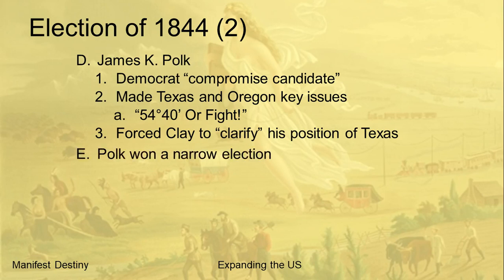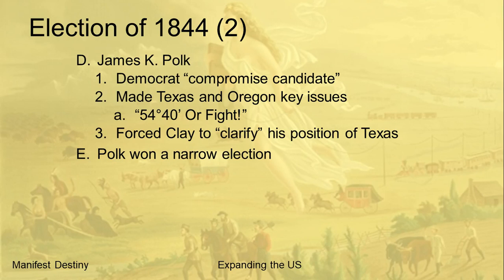How important is it to keep your supporters together? This election is extremely close. Okay? Only somewhere around 40,000 votes nationwide separate Polk and Clay. So Polk wins by about 40,000 popular votes.